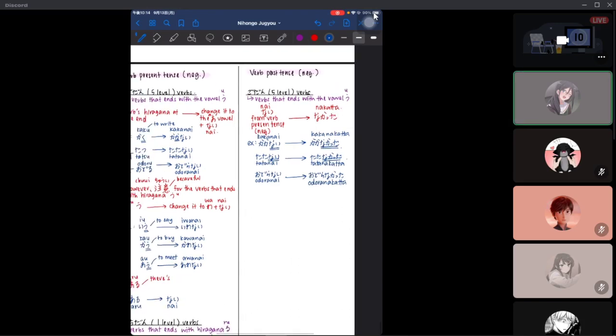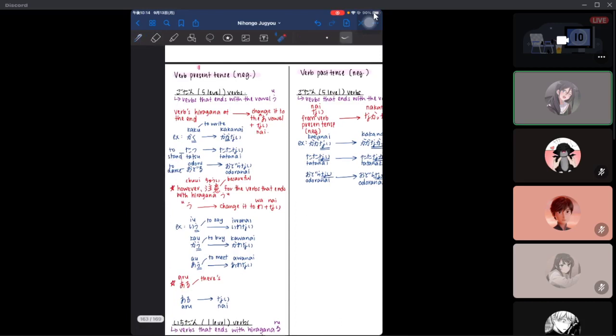So basically, it's quite easy to do the verb past tense negative if you know how to do the present tense negative. That's why I do the revision today, because it comes from here. You just have to change a bit only. However, the present tense has a lot more because it has a few exceptions here and there.